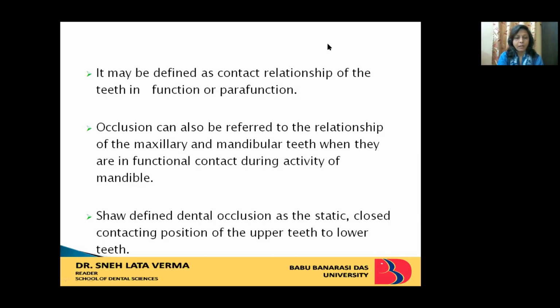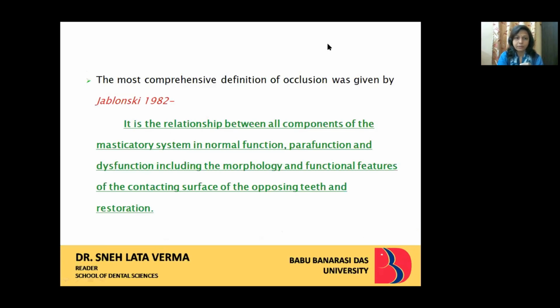The most comprehensive definition was given by Jablonski, which includes all the things together as a whole. He defined occlusion as the relationship between all components of the masticatory system in normal function, parafunction, and dysfunction, including the morphology and functional features of the contacting surfaces of the opposing teeth and restoration.